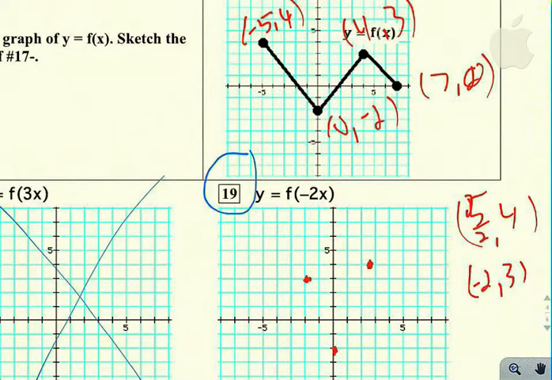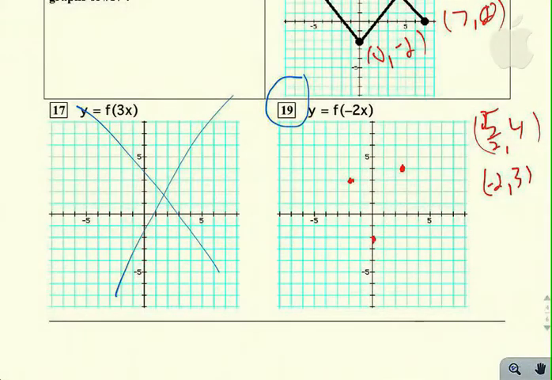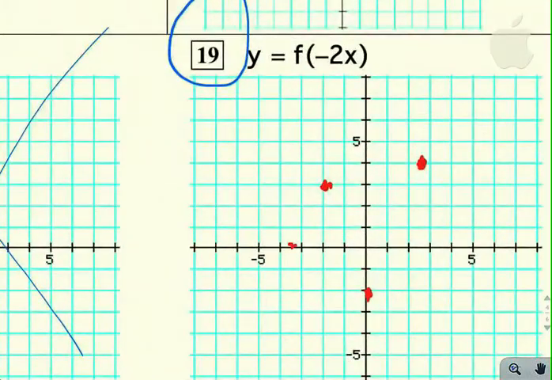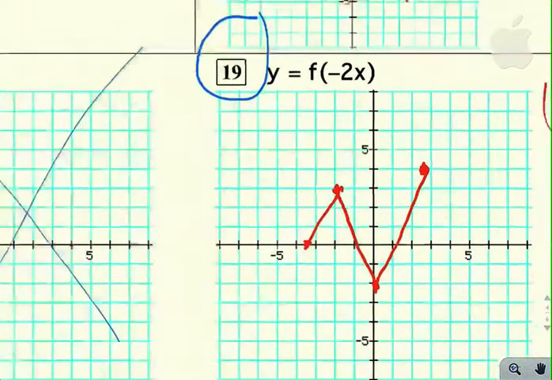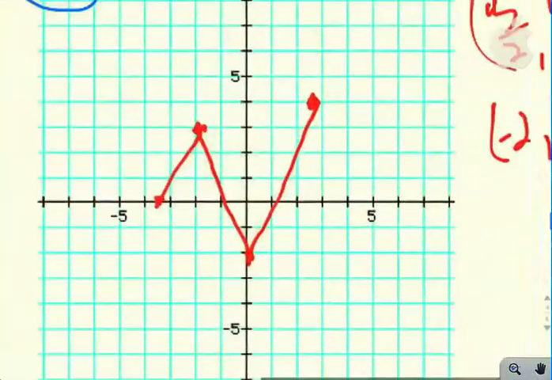And 7, comma, 0 would become negative 7 halves, comma, 0. So this is a horizontal shrink by 2 and a reflection around the y-axis.